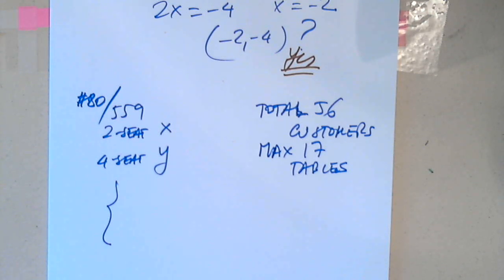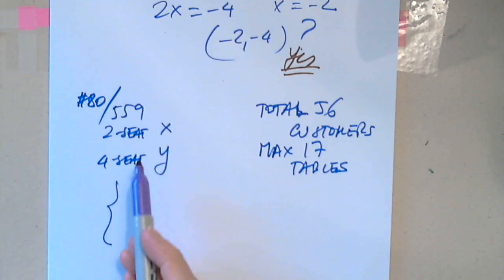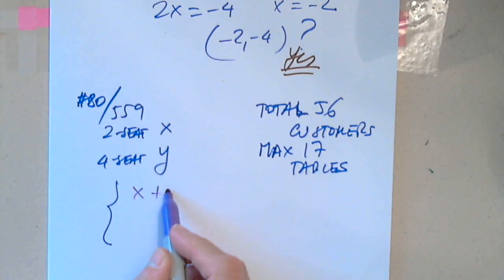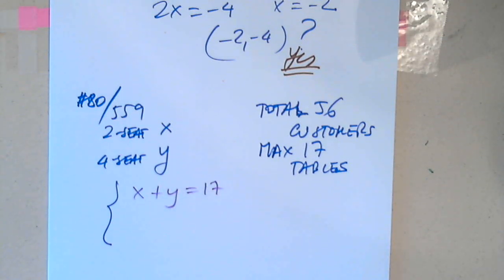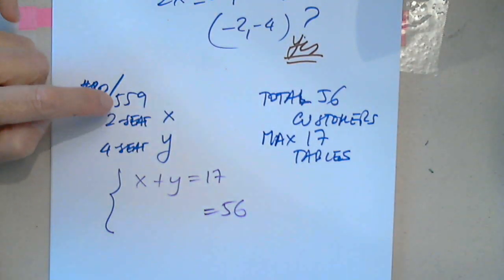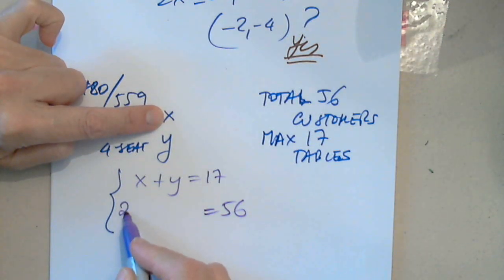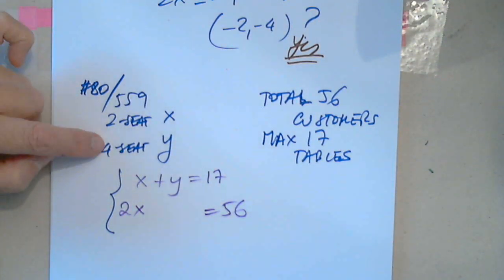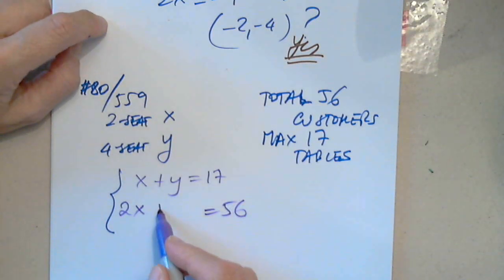Well, we know that the total number of tables is 17, and we can't exceed that. And we also know that we have a total number of 56 customers. So 2 customers per X means a total of 2X. 4 customers for each Y means 4Y.